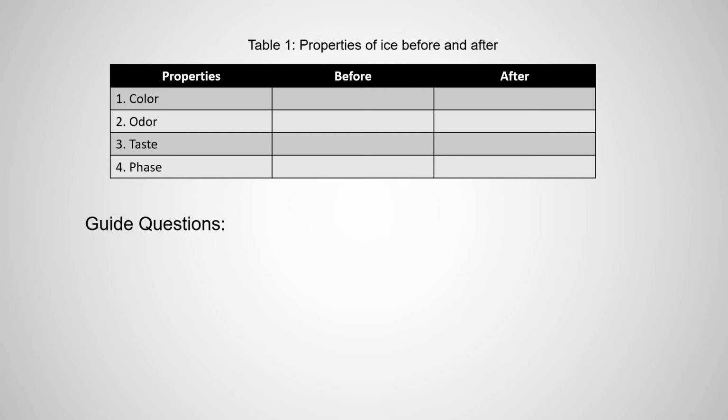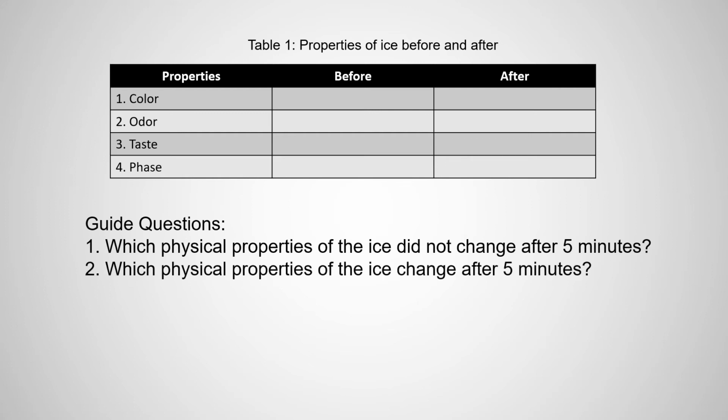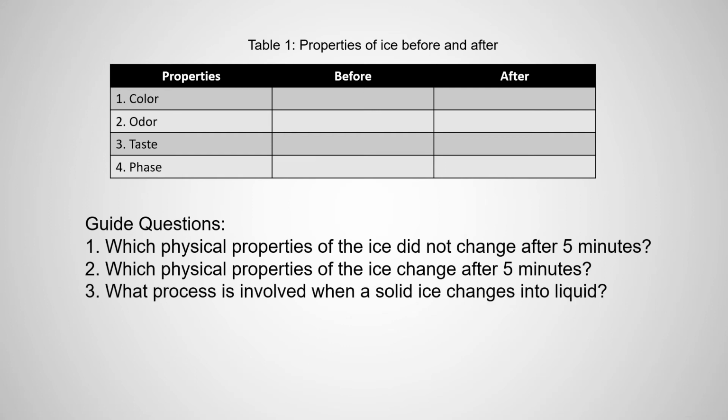Guide questions. Number 1. Which physical properties of the ice did not change after 5 minutes? Number 2. Which physical properties of the ice change after 5 minutes? Number 3. What process is involved when a solid ice changes into liquid?